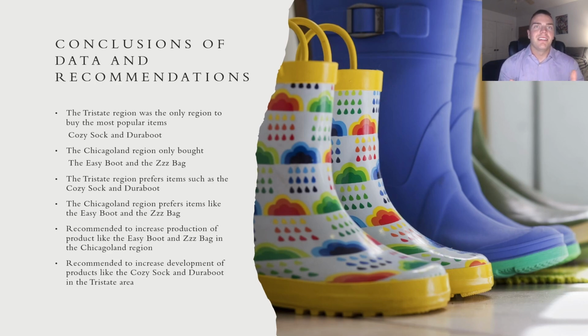Maybe the cozy sock and derby boot is a totally different type of style than what Chicagoland is, and that is maybe why their sales are so low. But there are a few people who like the easy boot and the ZZ bag, because maybe that's more of a style in that area.